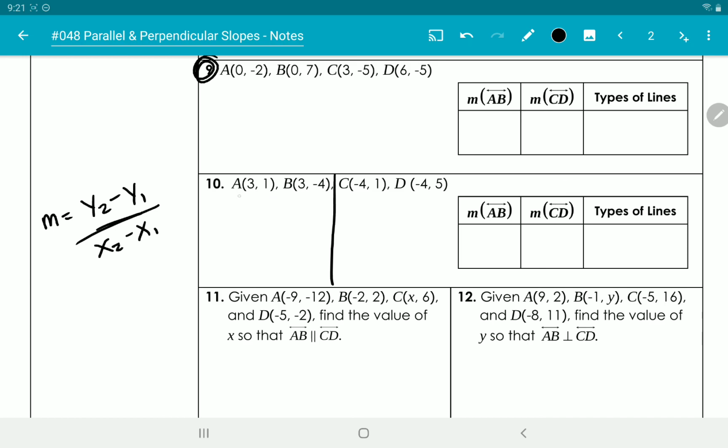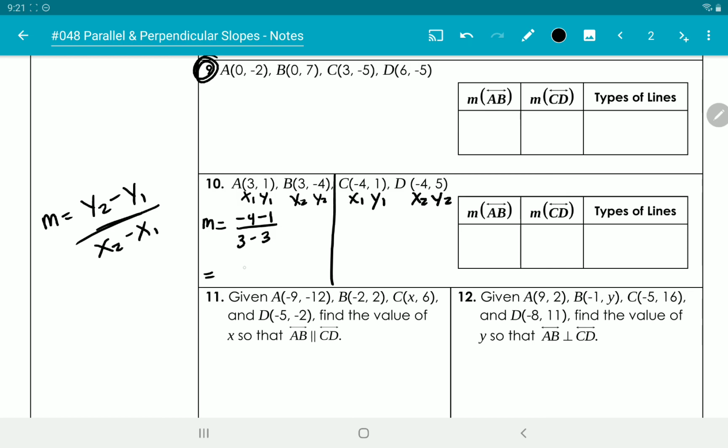So 3, 1, x1, y1, 3, negative 4, x2, y2, and then x1, y1, x2, y2. So the slope for number 10 is going to be y2 minus y1, so negative 4 minus 1 on the top, and then on the bottom, x2 minus x1, so 3 minus 3.